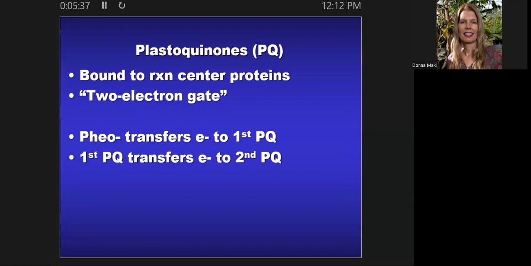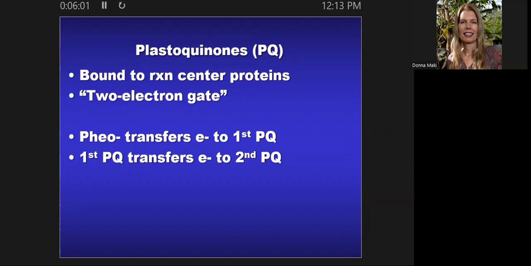So they call it a 2-electron gate, not because there's two PQs involved, but because that second PQ, in order to do its job, needs 2 electrons. Plastoquinones just need 2 electrons in order to get their fully reduced form. And so once that second PQ gets 1 electron, it's not enough.